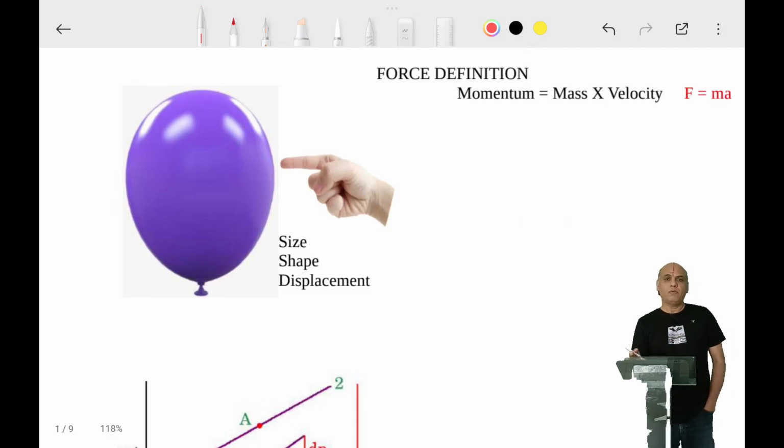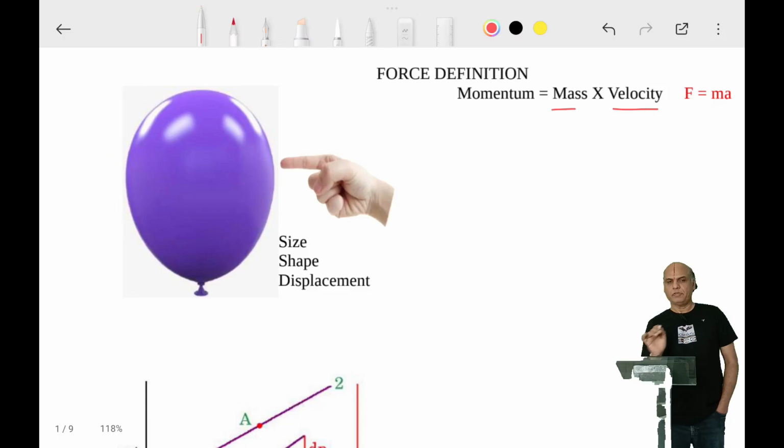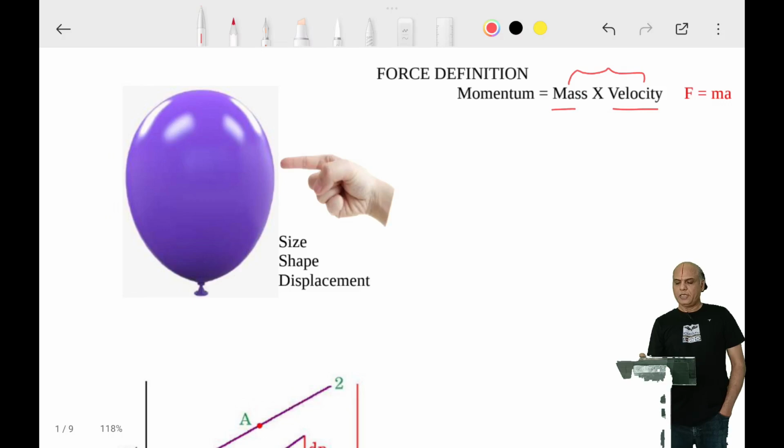Now, what is momentum? Momentum of any body is defined as the product of its mass and the velocity with which it is traveling. So this product of mass of a body and its velocity is the quantity called momentum. The momentum is denoted by small letter p.